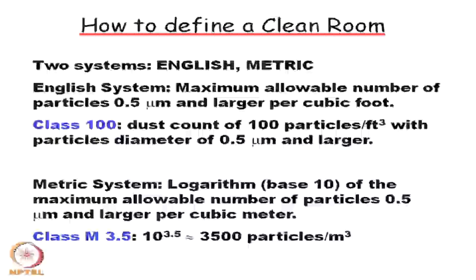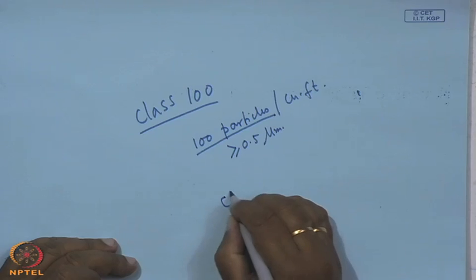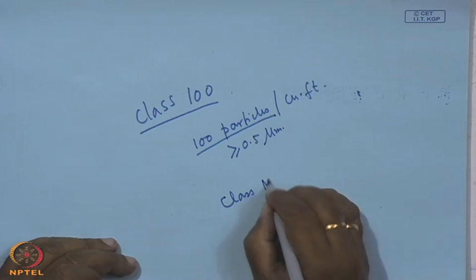Or in metric system, you see that it is a logarithm of the maximum allowable number of particles, and the particle size is same in this case also, it is 0.5 micron and larger per cubic meter. So, in metric system it is per cubic meter, and in English system it is per cubic feet. Now, what is the class M 3.5?